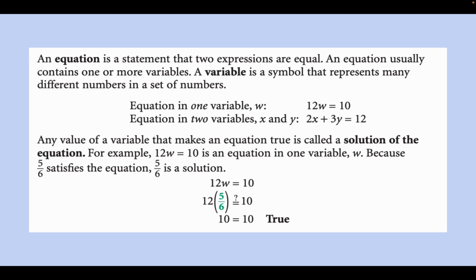We can do 10 divided by 12 to get w, which simplifies to 5 over 6. That is the solution, the value that makes this equation true, 10 equals 10. If we input 1 for w, it would be 12 equals 10, which is not true, so that would not be a solution. But 5 over 6 is a solution because it makes the equation true: 10 equals 10.